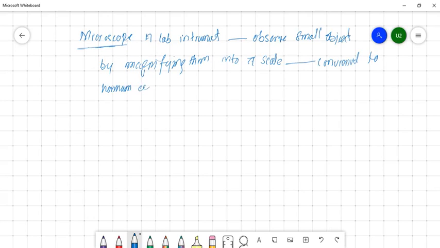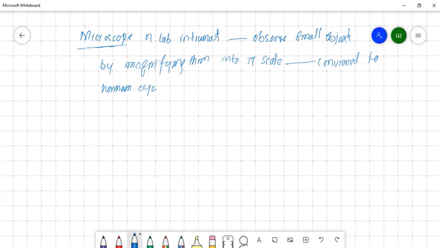right? ऐसी स्केल को ये मैग्नीफाई करते हैं माइक्रोस्कोप, जो ह्यूमन आई के लिए कन्वीनियंट हो, फीजिबल हो, पॉसिबल हो, आसानी से अंडरस्टैंडेबल हो, इंटेलिजिबल हो.